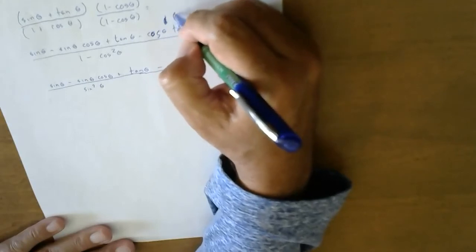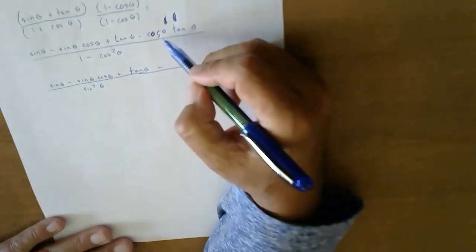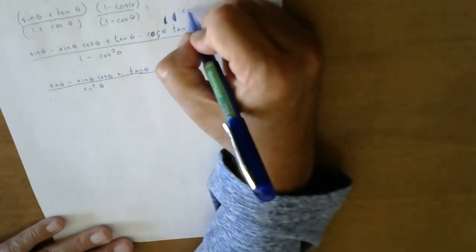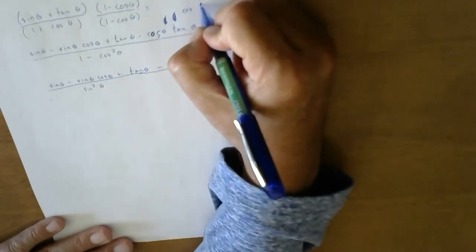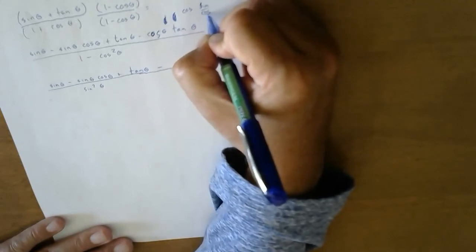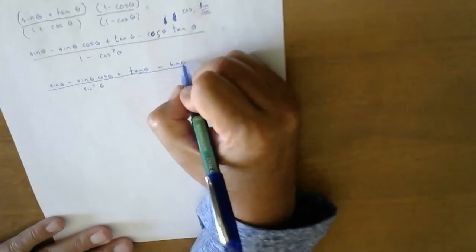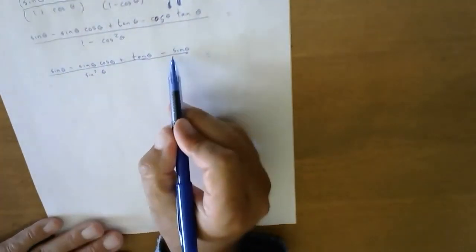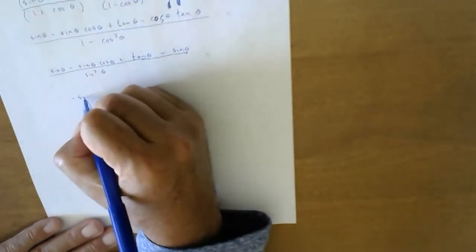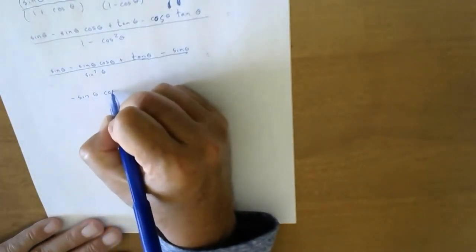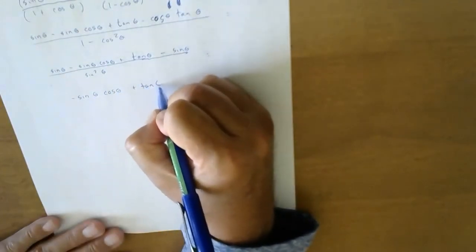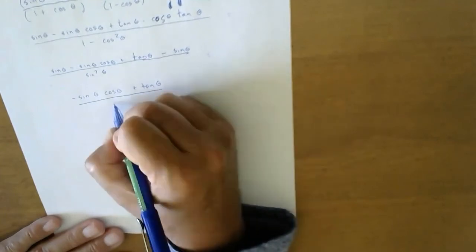So what am I going to get here? I have the cosine of theta times the tangent of theta. The cosine times sine over cosine. It's going to cross out the cosines and leave me with just a sine in that term. Sine of theta minus this cosine, negative sine of theta, cosine of theta, plus tangent of theta over sine squared.